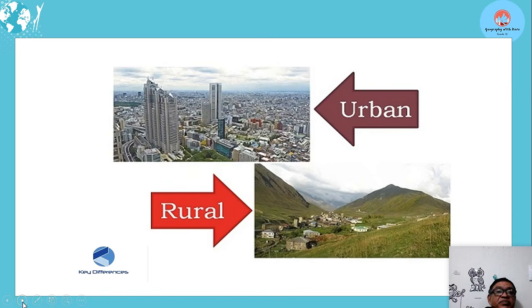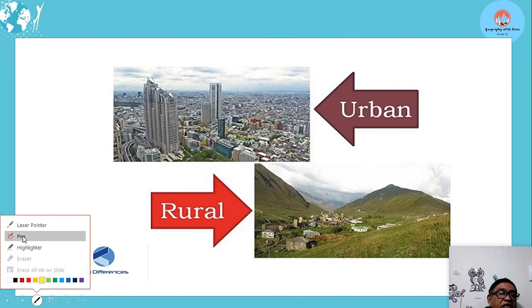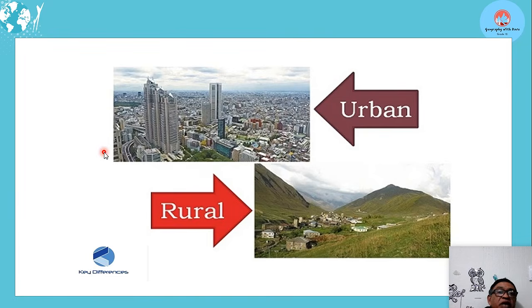Now let's look at the next concept, urban and rural. We can see there's a clear difference between urban and rural. When I look at the urban area, I see high building density and massive infrastructure.